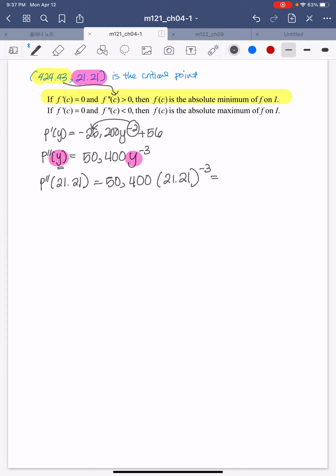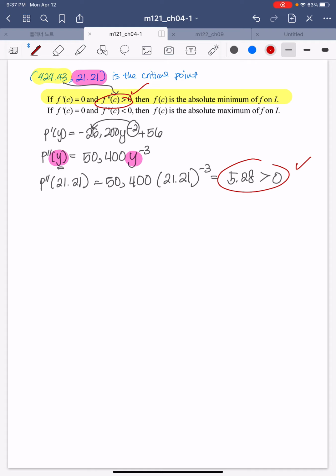I'm getting, raise it to negative 3, I'm getting positive 5.28 rounded to 2 decimal places, which is greater than 0. So we got the second part also checked.